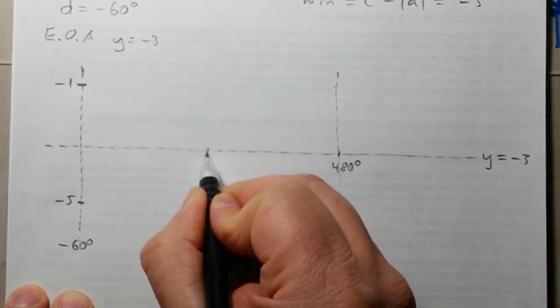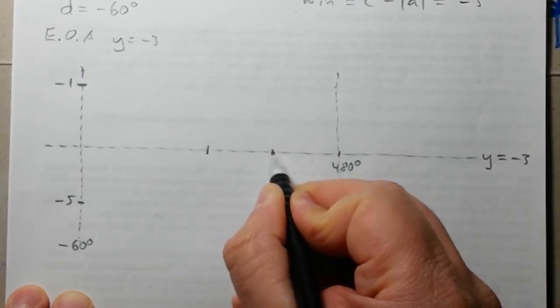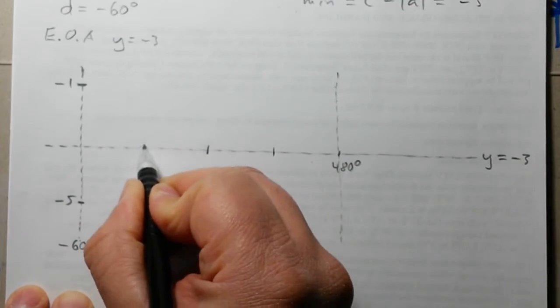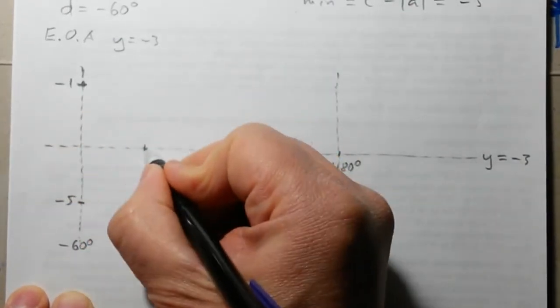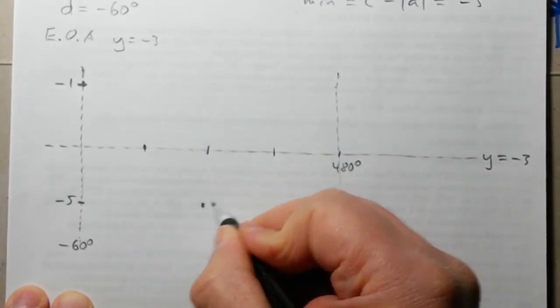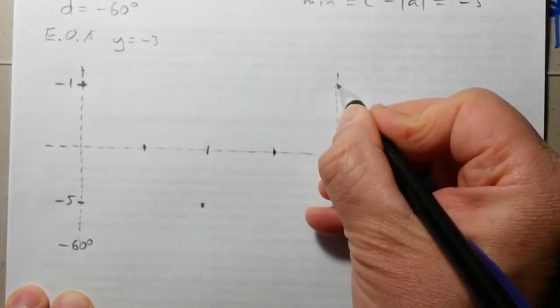So halfway between these points is there, and halfway between these two points is there. We know we're going to start at the top, go there, there, there, and there.